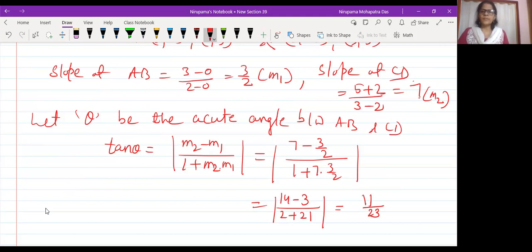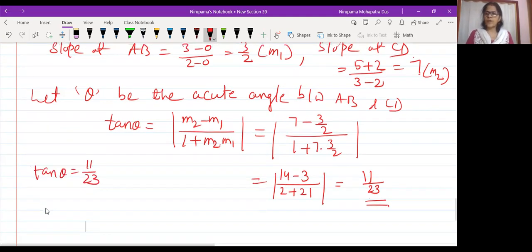Okay, slope of AB, slope of CD is this. So tan theta equals this. Now, so the angle between, you can write here, tan theta equal to 11 by 23. So you do not know the value, right?